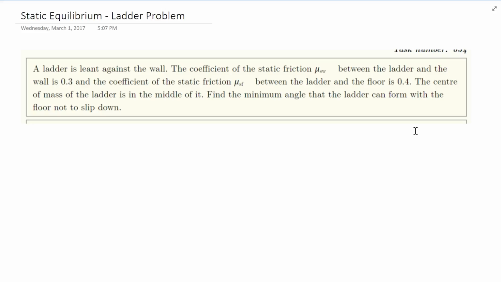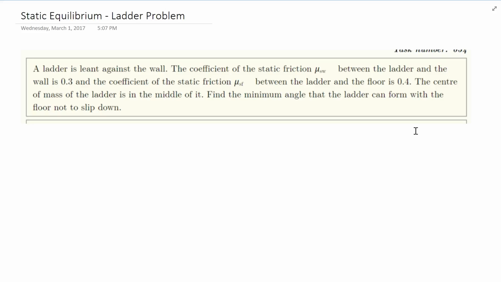They told us that the center of mass of the ladder is right in the middle, which is good. And what they want us to do is find the minimum angle that this thing can be leaned at before it starts to slip and slide down and hit the ground.